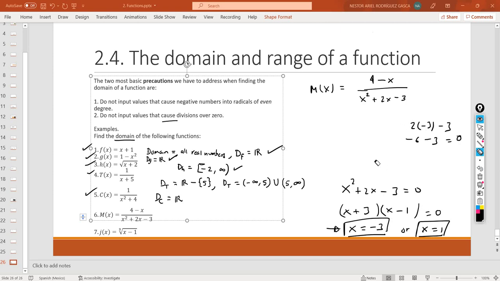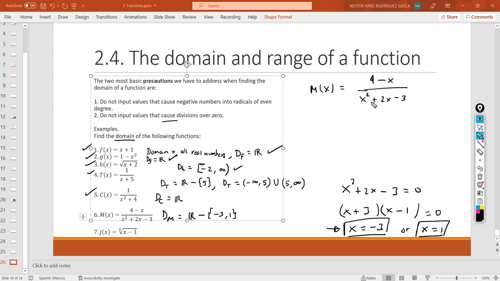Minus 3 and 1. So how do I write that? I do this. The domain of M is equal to all the real numbers except these two guys, except minus 3 and 1, because these two numbers will cause problems in here. And how did I find that out?